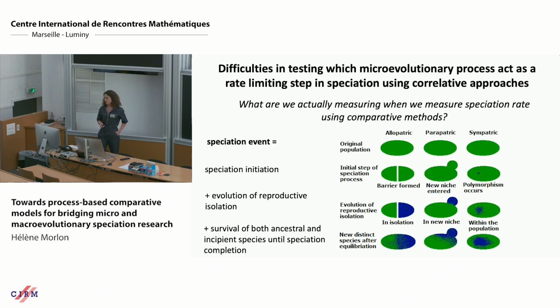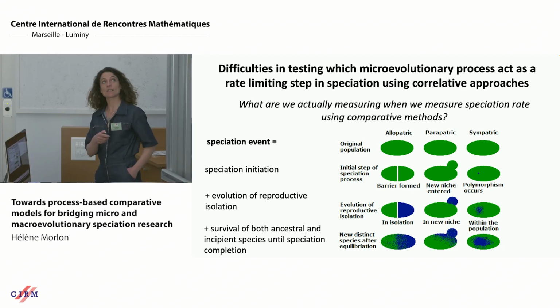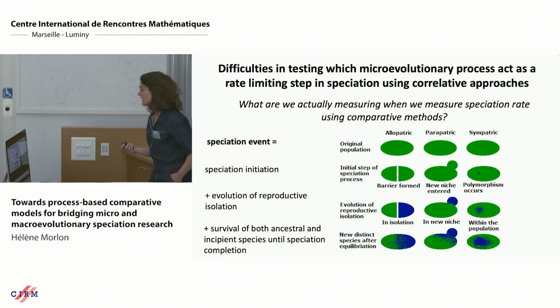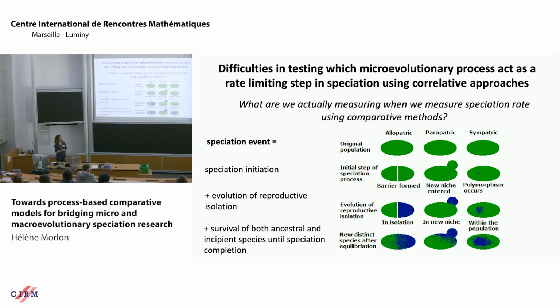And when I showed this figure, what we can see that happens when we have speciation occurring is actually that we first need to have an initiation of speciation, so we need to have something like a barrier forming, or the colonization of a new niche, or polymorphism that occurs in sympatry to start the diversification process.